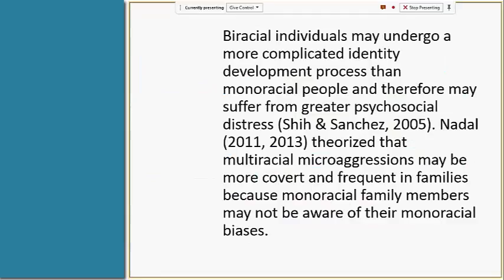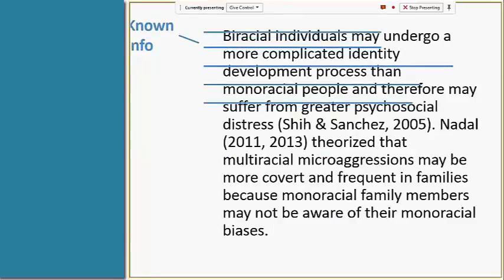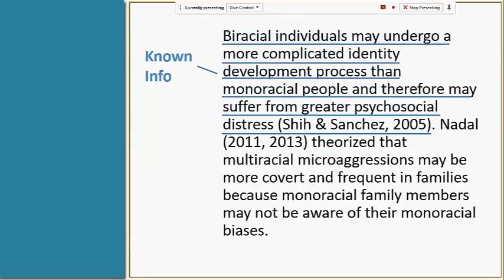Okay, next, more known info. Biracial individuals may undergo a more complicated identity development process than monoracial people, and therefore may suffer from greater psychosocial distress. And I like this also because it kind of implies that there's more of a need to further study biracial microaggressions in a biracial family than in a monoracial family.